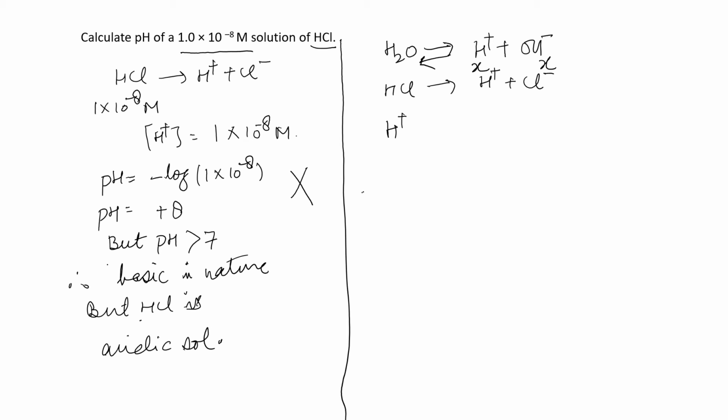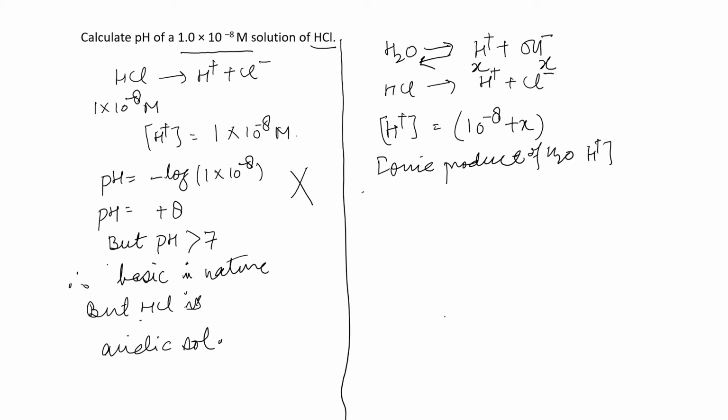So total hydrogen ion concentration is equal to 10 raised to minus 8 plus x. According to the ionic product of water, the product of hydrogen ion and hydroxyl ion concentration is equal to 10 raised to minus 14.